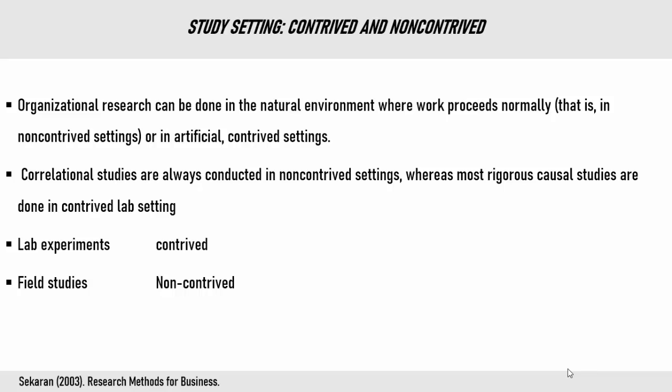Contrived is an artificial, controlled environment, while non-contrived is the natural environment. Correlational studies are always conducted in non-contrived settings, whereas the most rigorous causal studies are done in the contrived lab setting. This means that the lab experiment, where the environment is controlled, is known as a contrived study, and field studies are non-contrived.